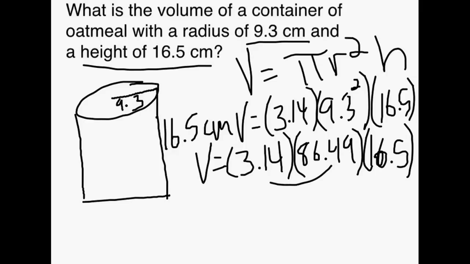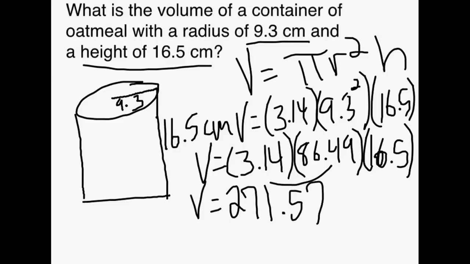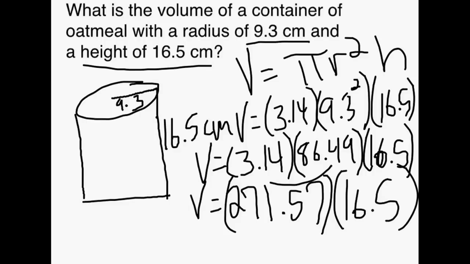I'm going to multiply 3.14 times 86.49. And if I do that, I'm going to come out with roughly 271.57, which I'm going to then multiply by 16.5.